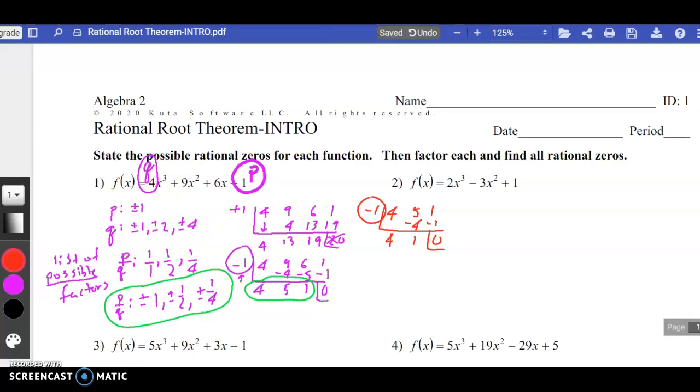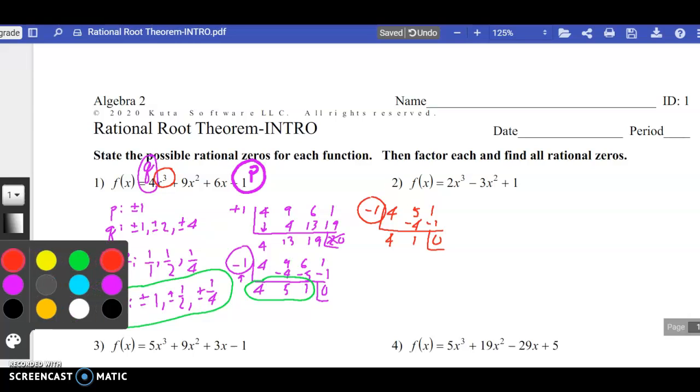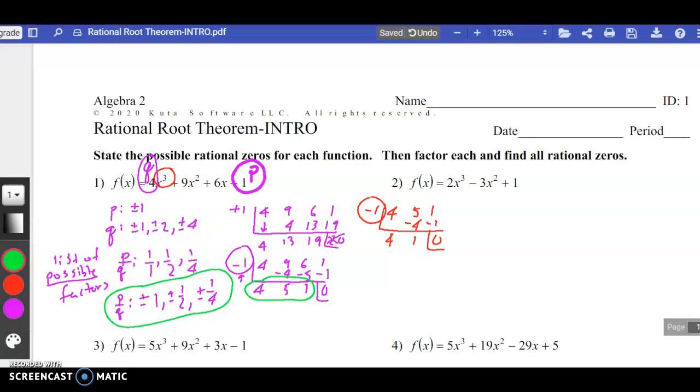How many do I expect? If I look back at my polynomial, I have 3 as my highest exponent. That's how many roots I expect. At this point, let's change colors. This is my x to the 0. This is my x to the 1. So I can set that up as 4x plus 1 is equal to 0. Subtract 1 from both sides.